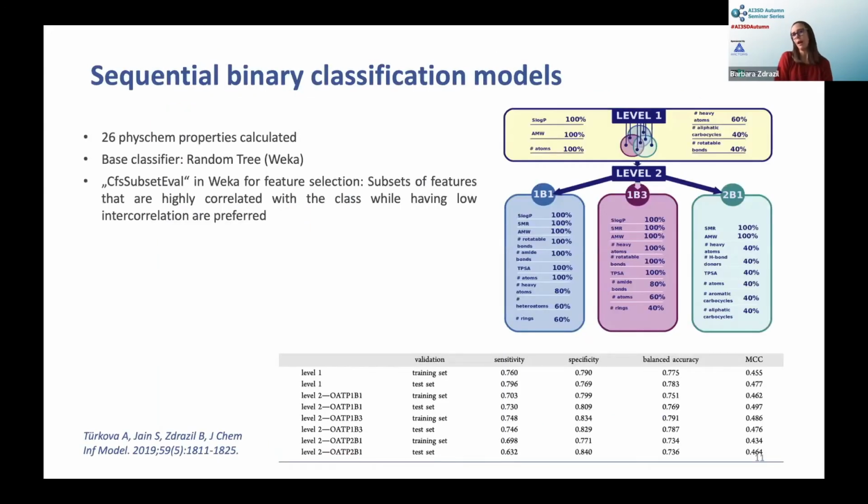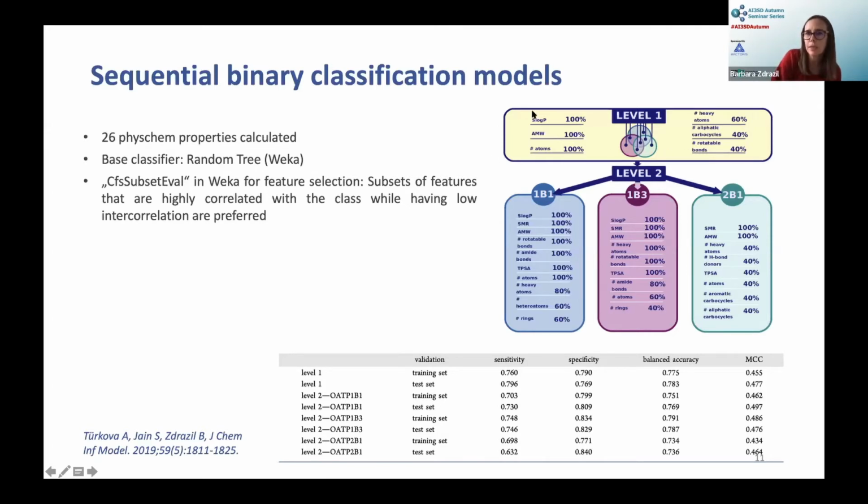And then after collecting all the ligands, as I said, we built those first classification models. I already explained this a few slides ago. We built these machine learning models based on 26 physical properties and used a random tree as a base classifier.